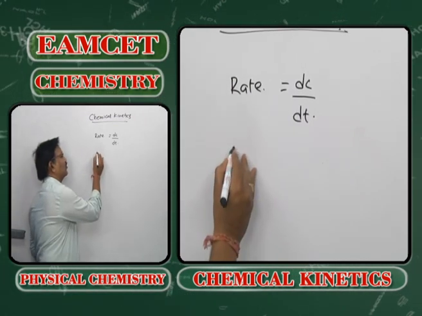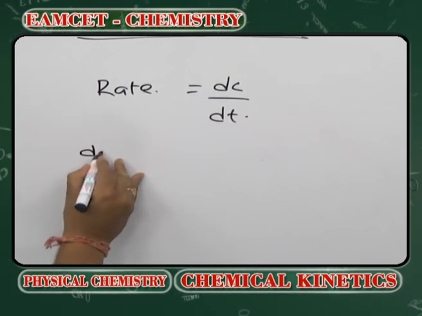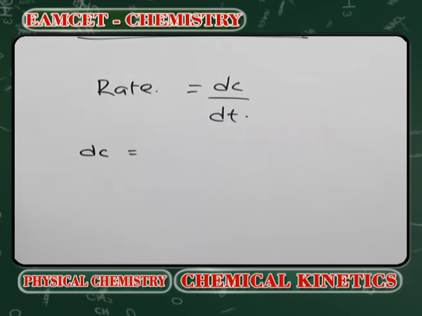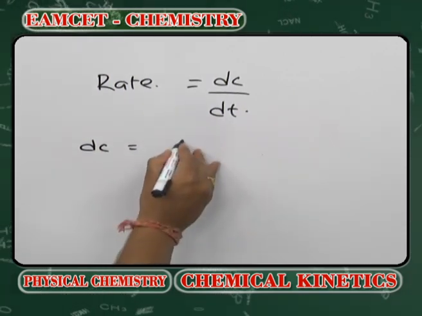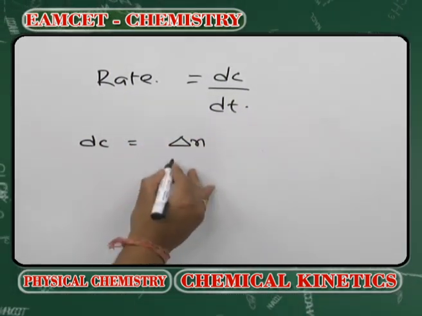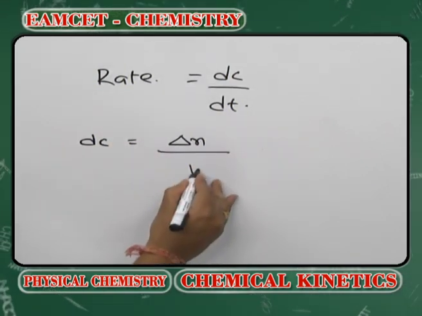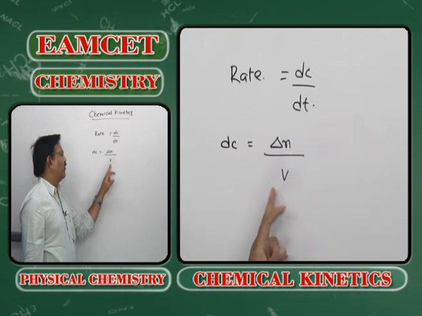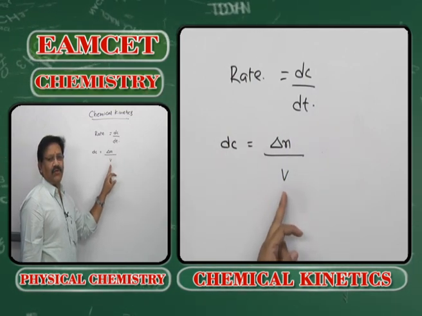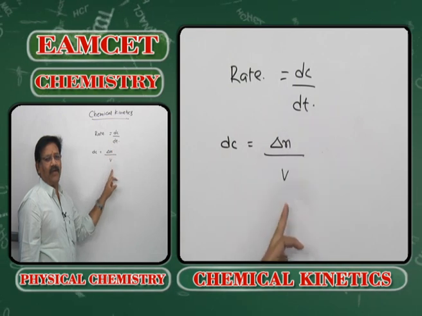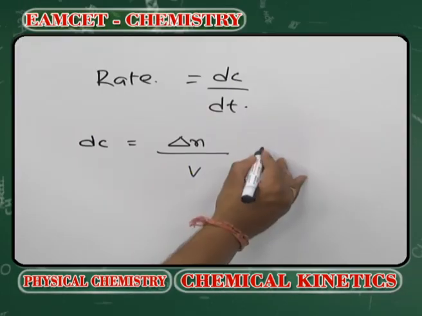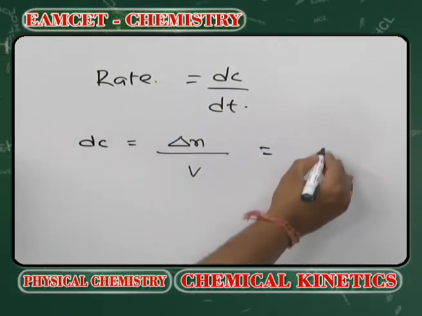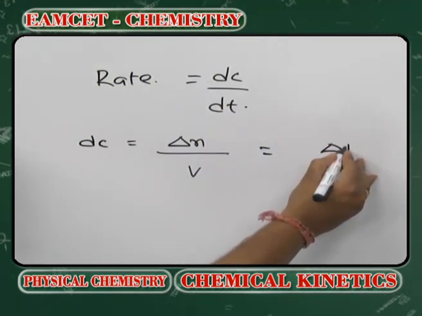In case of solutions, dC is equal to delta n by V. What is meant by delta n? Change in number of the moles, by volume of the solution. But change in number of the moles by volume can also be given as delta P by RT.